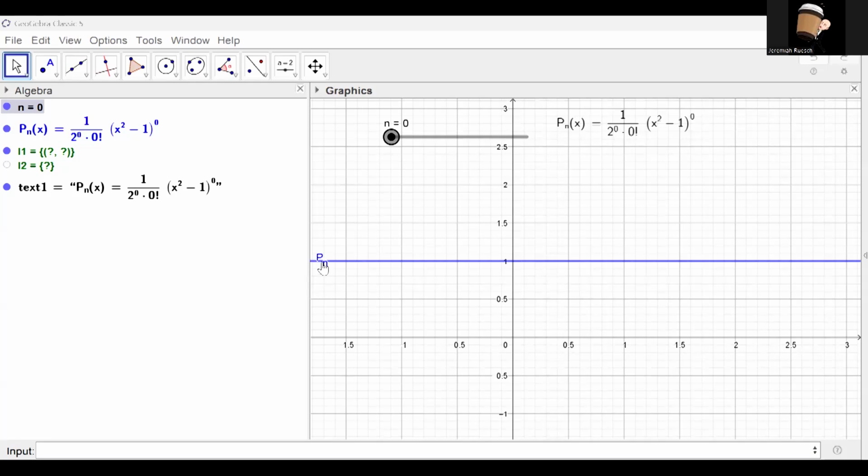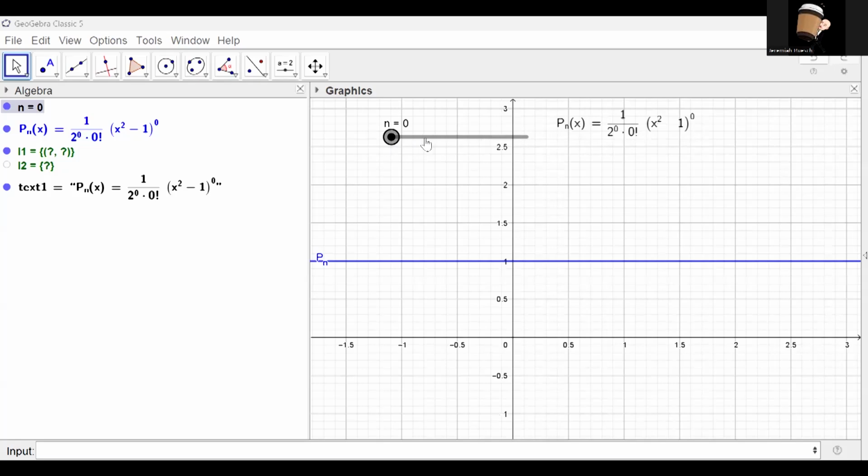You should note that there's a lot of symmetry with the roots due to those Legendre polynomials. I created this in GeoGebra, so I just made a slider. Mine goes from 0 to 9 because I don't imagine going beyond that. If I go to 10, at least mine tends to shut down. So if I need more than that, I'll probably have to either Google it or allow the computer to compute that.